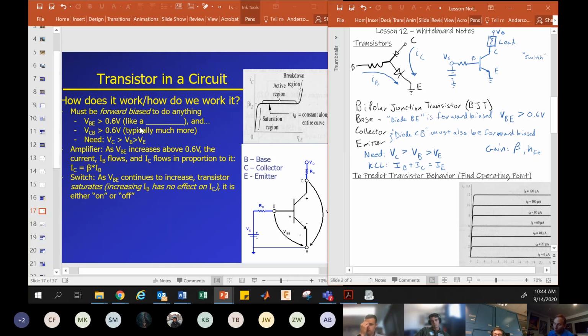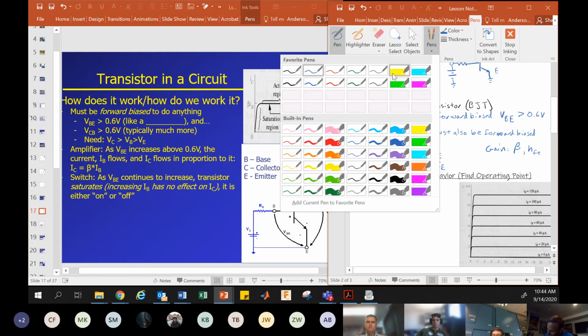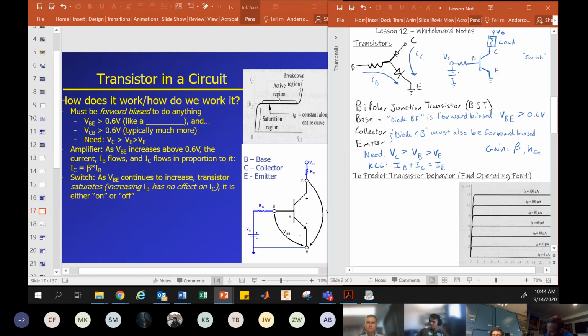So we must be forward biased to do anything. VBE has to be greater than 0.6 volts. VBE is the voltage drop from the base to the emitter. So from here to here, that's VBE.